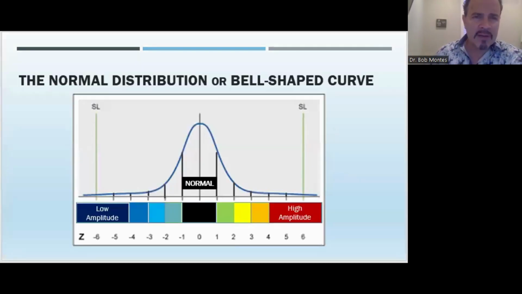Now, before we go any further, I want to explain what the normal distribution for brainwave functions is. Now, we use a color scheme in our brain mapping to identify low amplitude versus high amplitude frequencies.